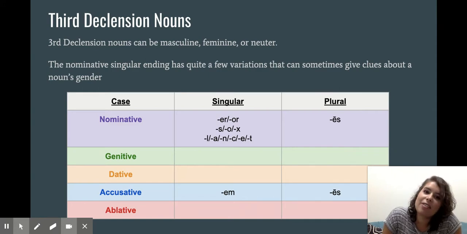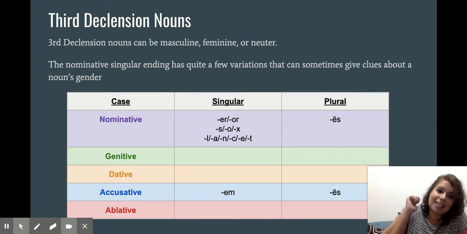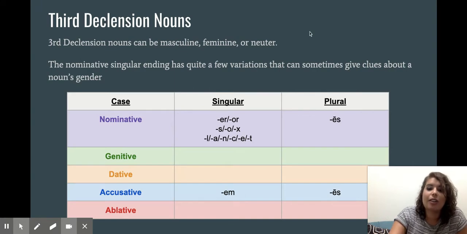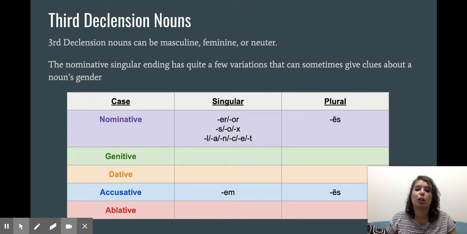Something to tell if it's a third declension noun is if it doesn't end in US or UM, it's probably third declension. However, as you can see, there are some third declension nouns that end in A, and some that end in S. So it's not always going to help you out, but it can be a good clue.